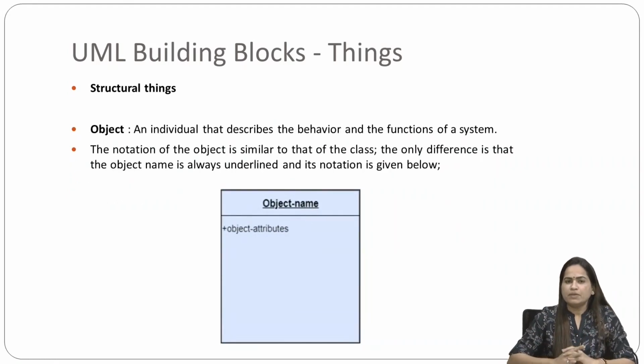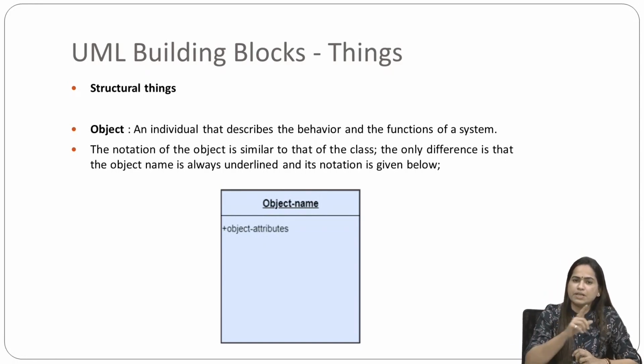Then after we have object. An individual that describes the behavior and the functions of a system is called an object. The notation of the object is similar to that of a class. The only difference is that the object name is always underlined.